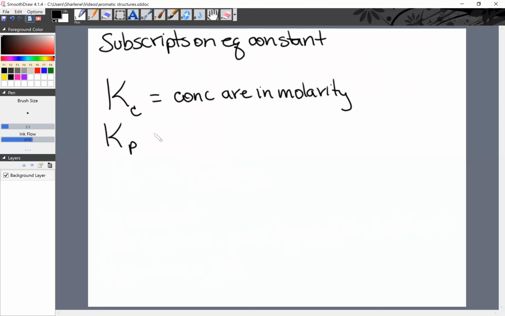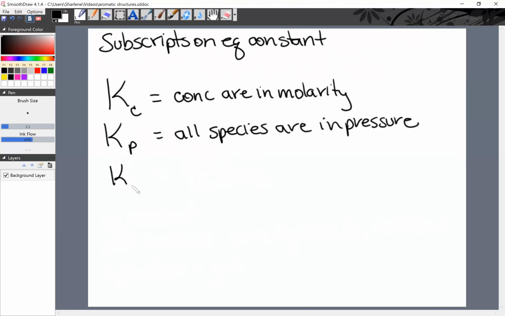Kp means all species are in pressure, usually atmospheres. Ka means this is an acid ionization question.